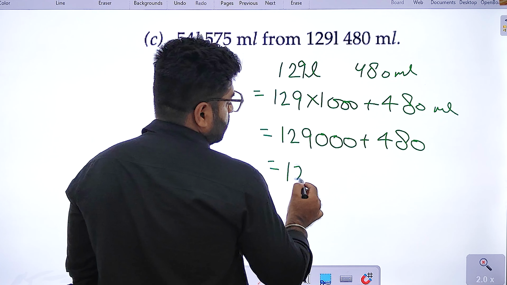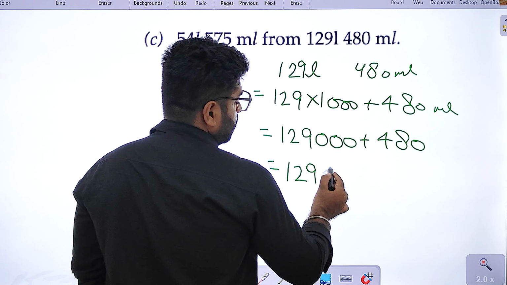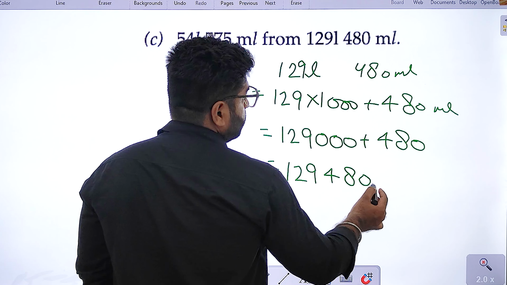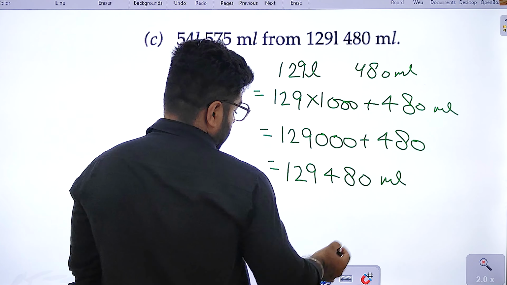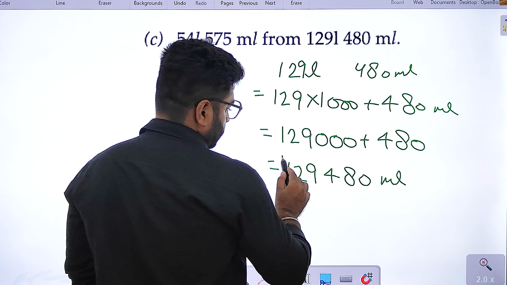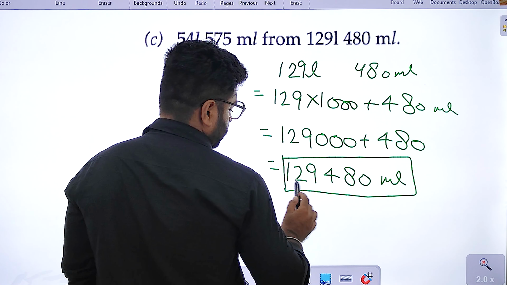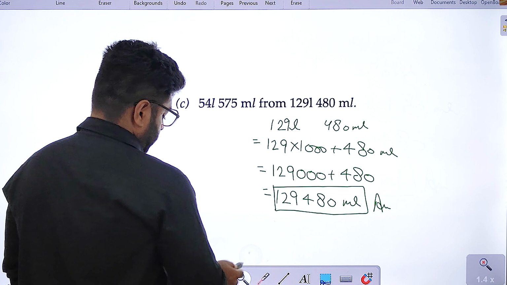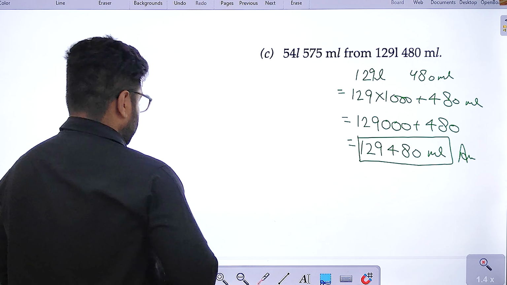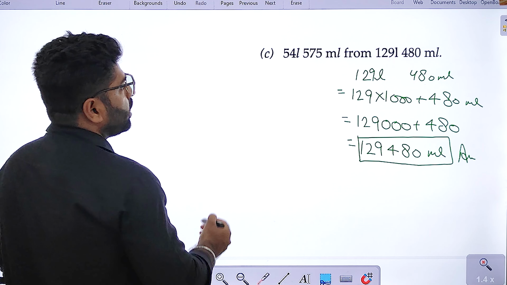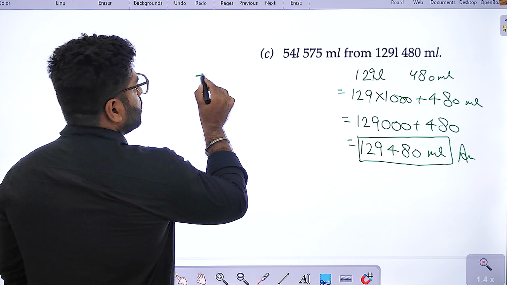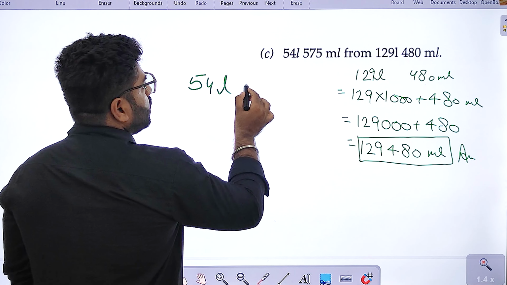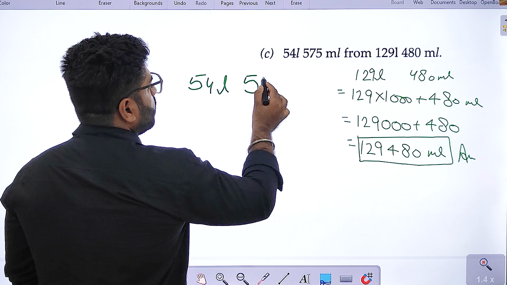So we are going to solve this. 129480 milliliter is the answer. Clear? Next we are having this unit, that is 54 liter and 575 milliliter.